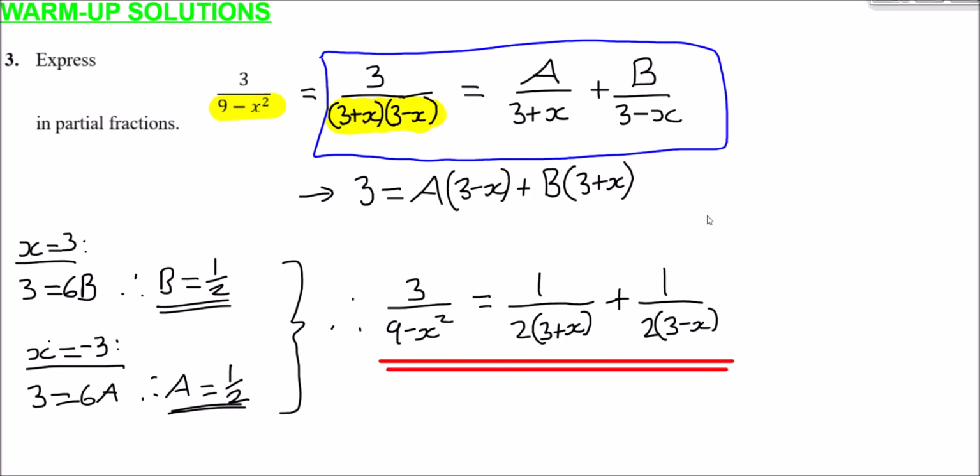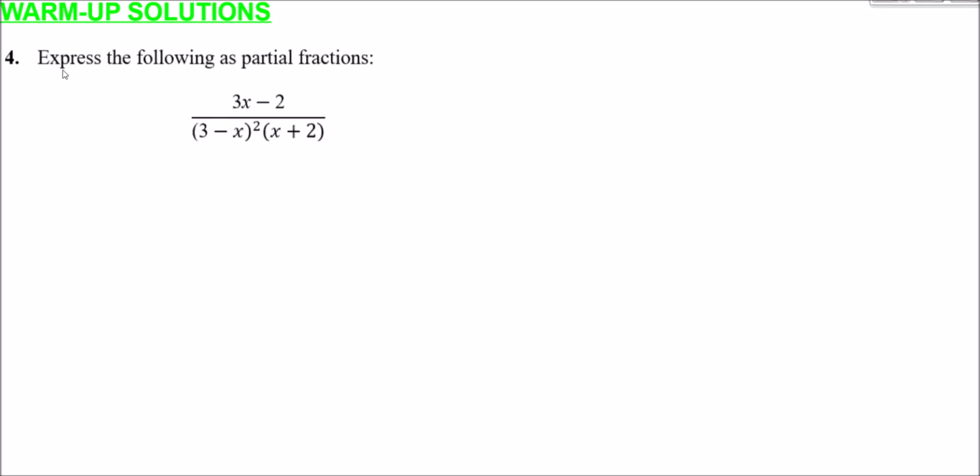Finally, now for our warm-up, let's finish off with the final question on the warm-up, question 4. So again, it's a question about partial fractions. So express this as partial fractions. Now here we've got a repeated root, so it's 3 minus x all squared. So what we need to remember here is to write this repeated root twice, once to the power 1, once to the power 2.